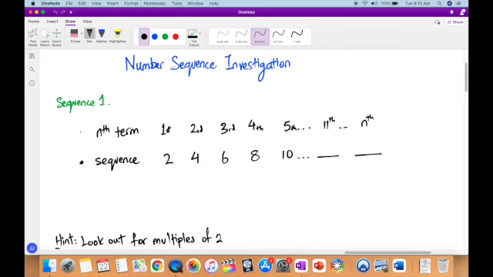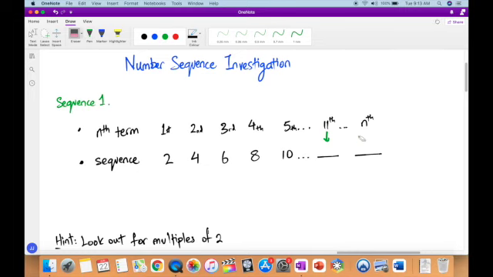But then we have this, the nth term of the sequence. And the nth term basically says, well, okay, this is the first term, this is the second term, this is the third term, this is the fourth term. And it's this nth term that we're going to be looking at, because eventually we're going to have to find out what the 11th term is and essentially what the nth term is.